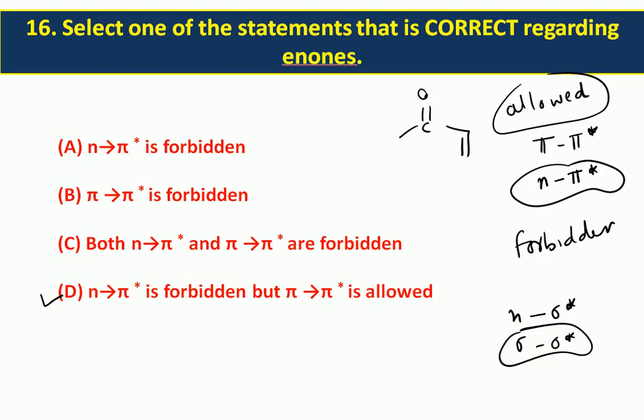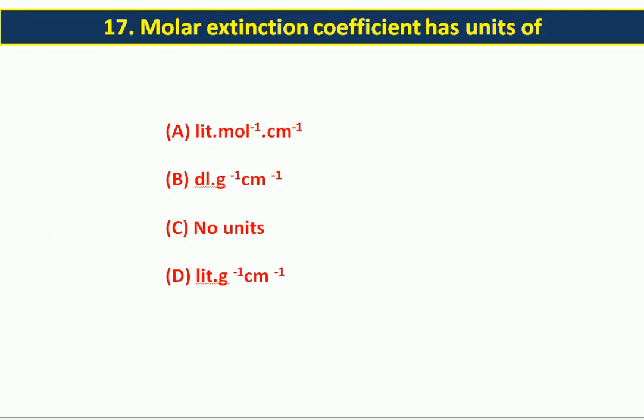Let us go to question number 17. Molar extinction coefficient has units of. According to the Lambert-Beer's law, we can write the equation A is equal to epsilon b c, and by rearranging the equation we will get epsilon is equal to absorbance divided by b, path length, and c, concentration. And if you write the units of these components, we can get the unit of molar extinction coefficient, that is molar absorptivity.